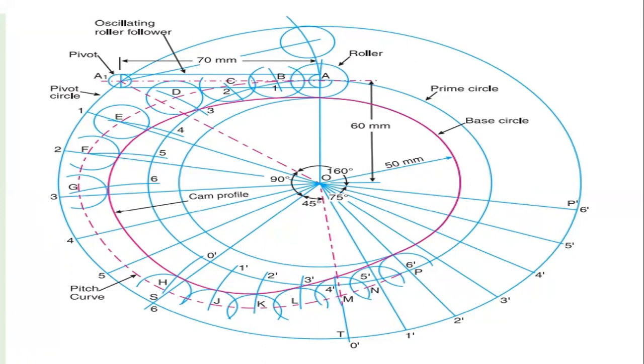So first of all, draw the cam circle with the given length, that is 50 mm as the radius.